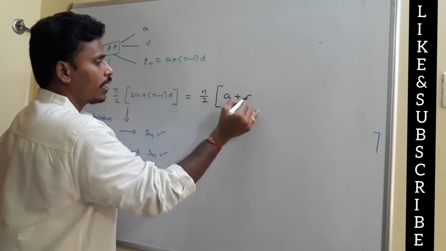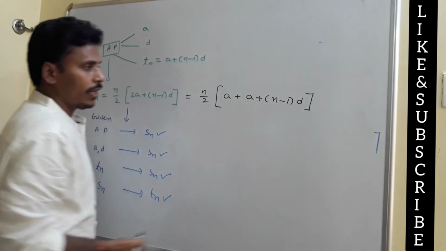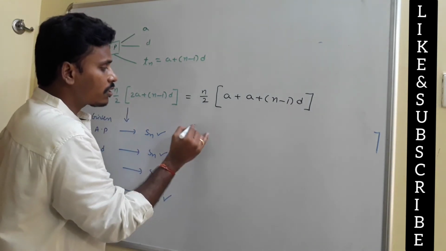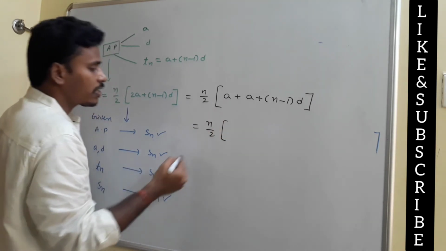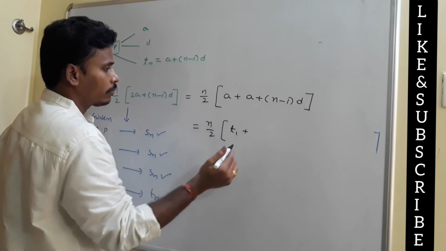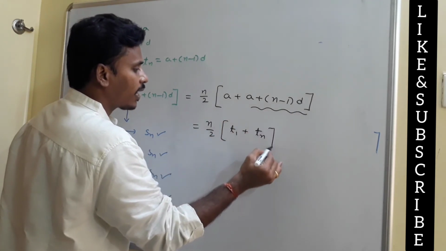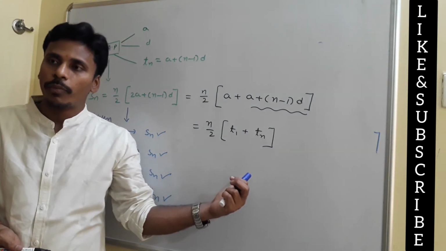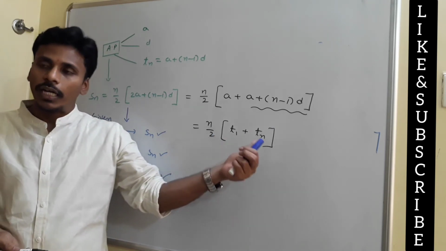I split 2a like a plus a. And now this is equal to n by 2 times of a, the first term, you may write it like t1, and a plus n minus 1 into d is the nth term, you just write it like tn. So Sn is equal to n by 2 times of t1 plus tn, another way to find that Sn using the t1 and tn.